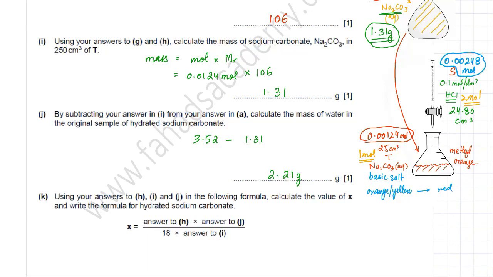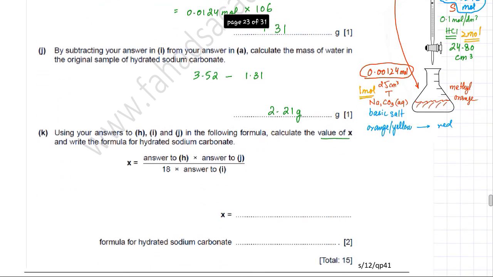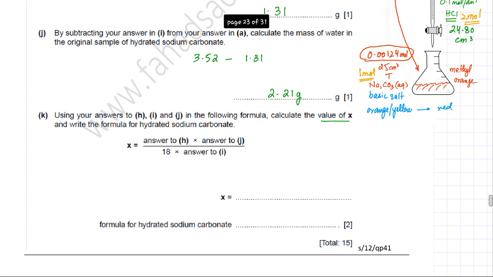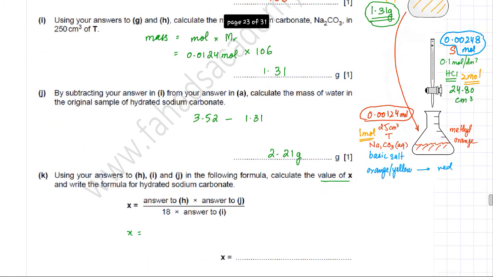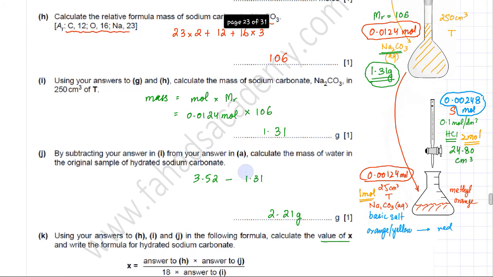In the last part, part K, using your answers to H, I and J, our previous three answers, in the following formula, calculate the value of X and write the formula for hydrated sodium carbonate. Now, you don't really have to do a lot of thinking. They've given you a formula for finding X, so you just need to plug in the values. So X would be, what was your answer to H? Let's go back and have a look, which was 106.